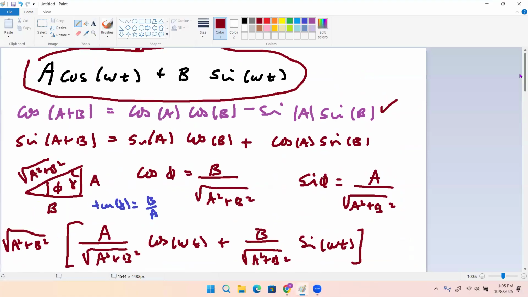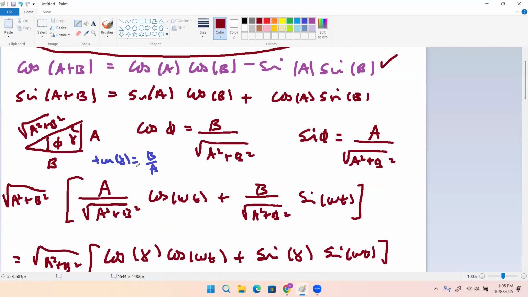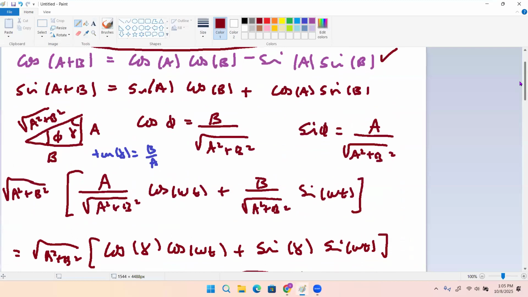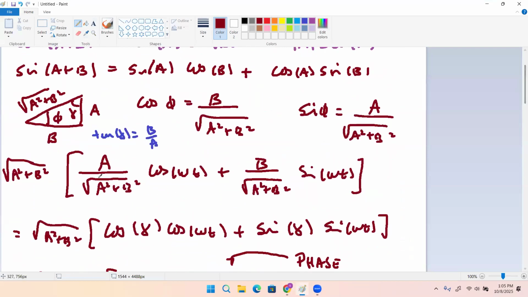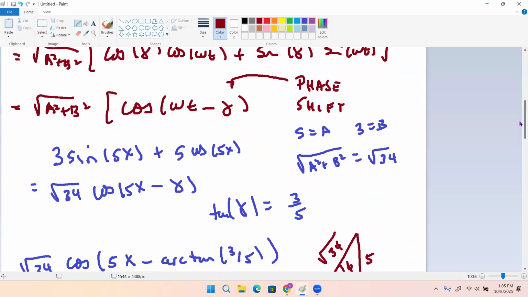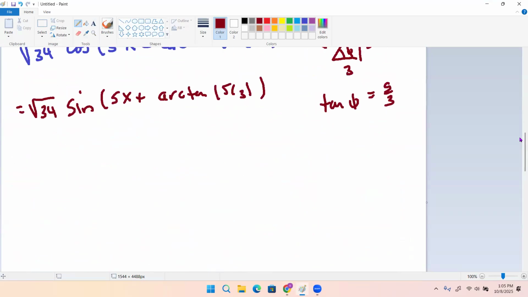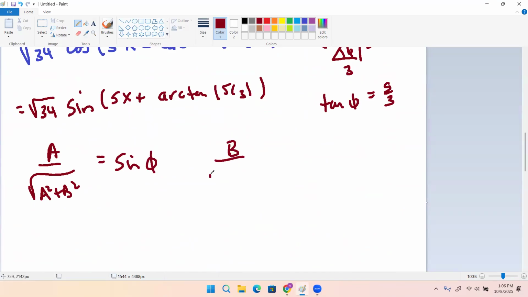What we did in this case is that the a over the square root of a squared plus b squared is your sine of phi, and your b is your cosine of phi. That's the only difference. So hopefully this will be enough to get you through the quiz problem. Thanks for watching.